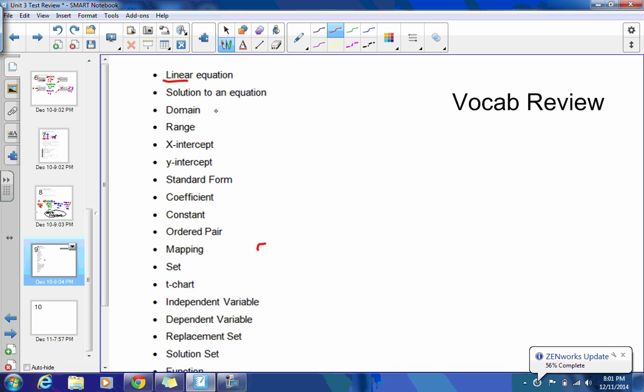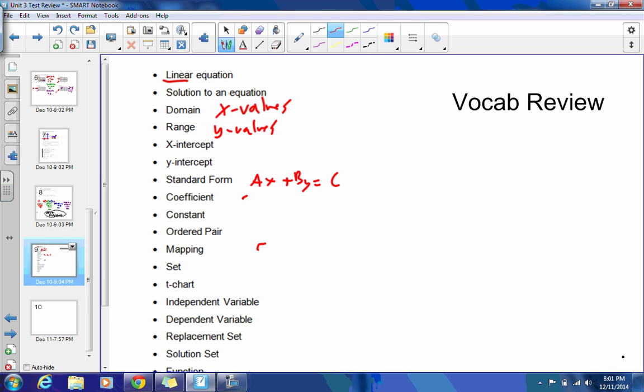Domain and range, I hope you know. Domain is all the x values. Range is the y values. X intercept is where it crosses the x-axis. Standard form is ax plus by equals c. Coefficient would be like a number before the variable. Constant would be c.